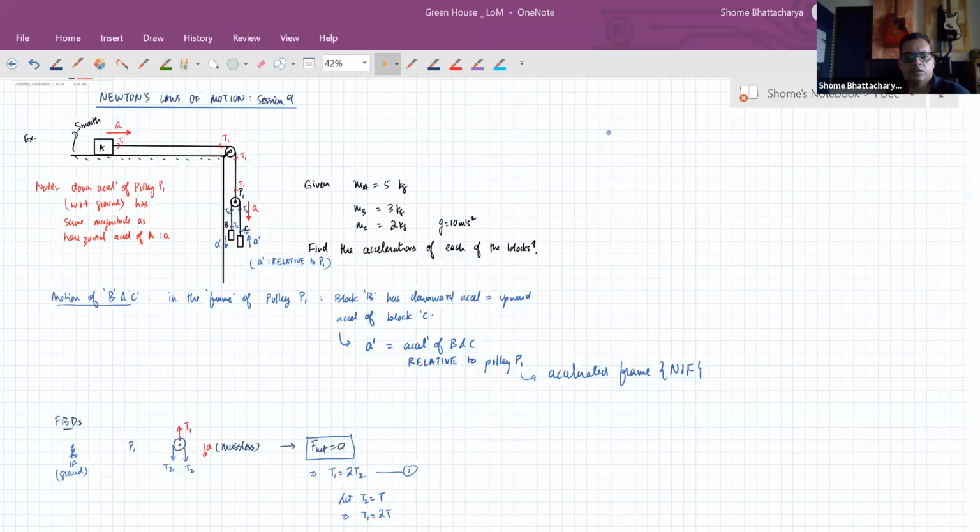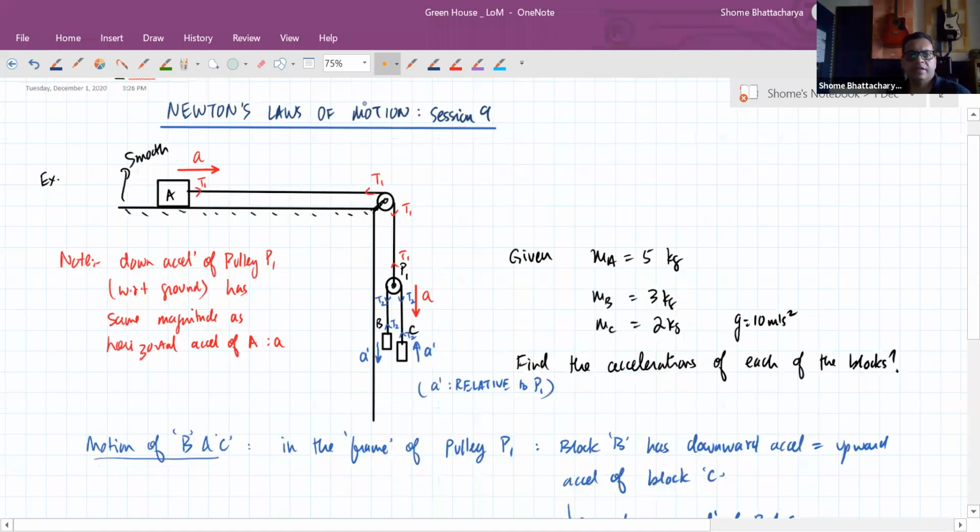Finish writing down up to here, and next make the free body diagram of the block A. I'll take you to the full diagram once more so that you're clear about all the tensions and things.